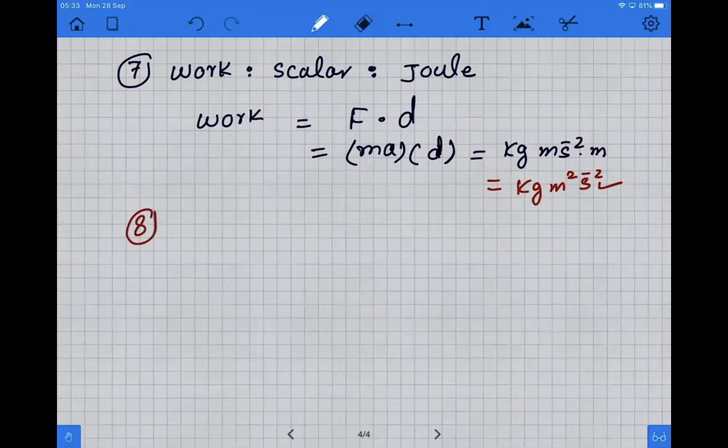Number 8. After work, we have the base unit of energies. And here we need to clear one thing.